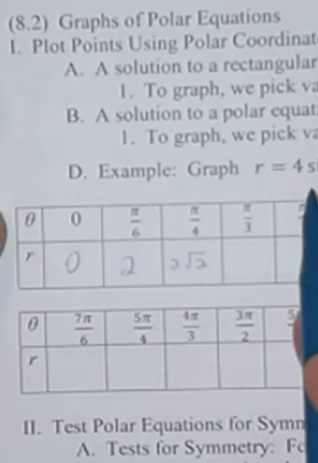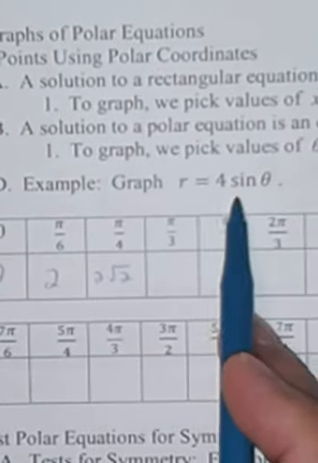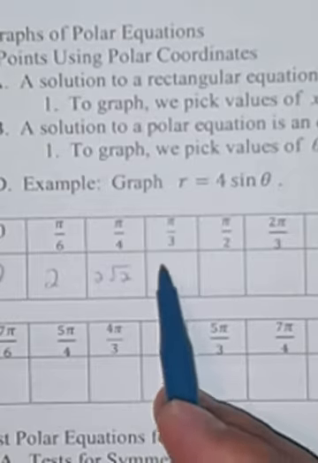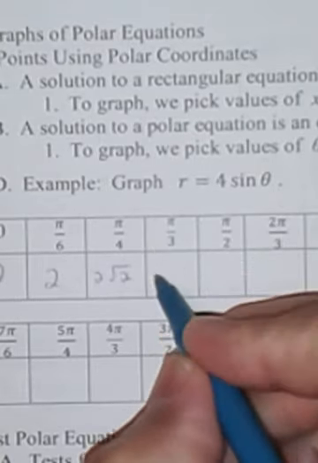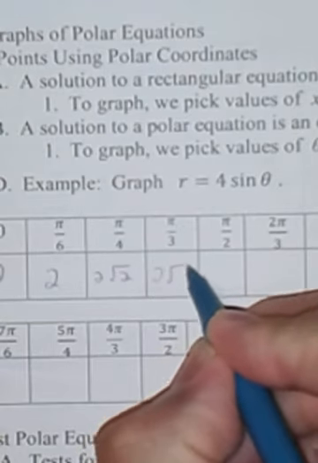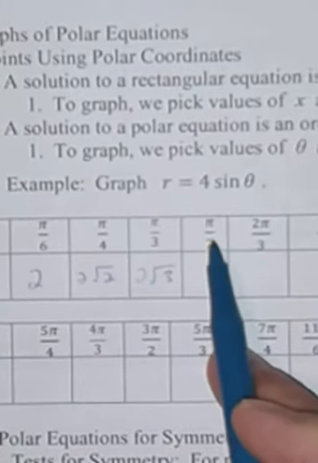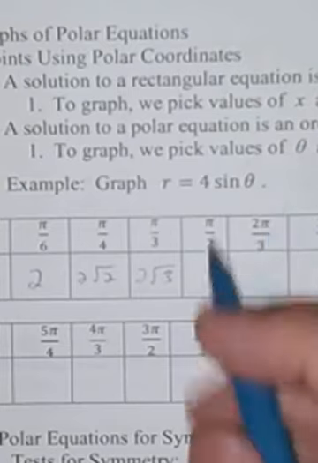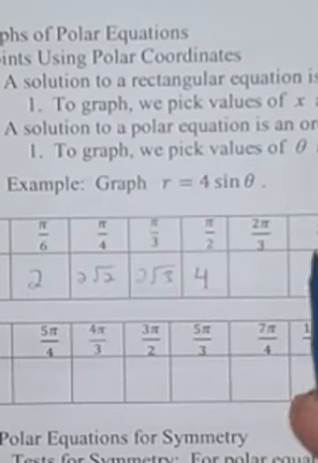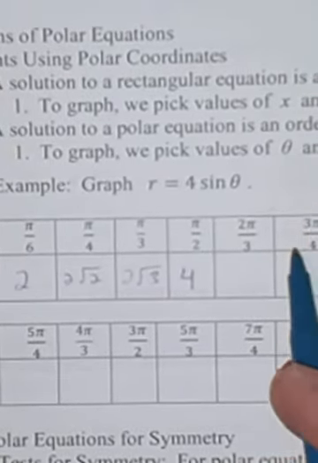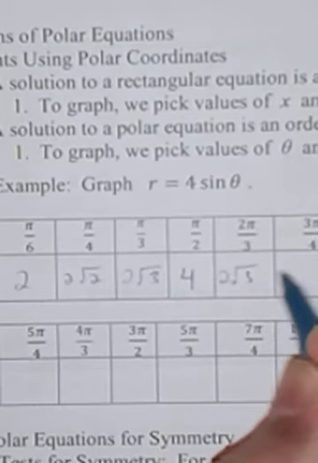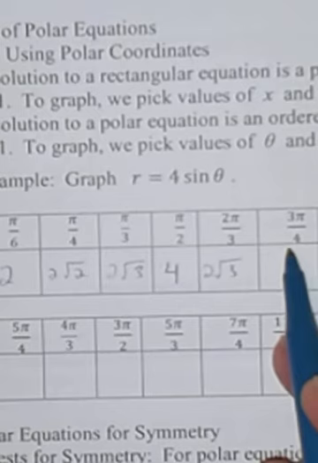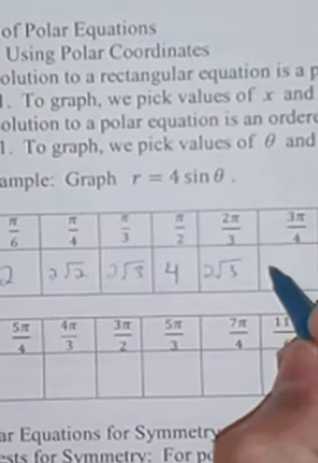For pi over 3, 4 times root 3 over 2 is 2 root 3. Sine of pi over 2 is 1, 4 times 1 is 4. Sine of 2 pi over 3 is again root 3 over 2, 4 times that is 2 root 3. Sine of 3 pi over 4 is root 2 over 2, and 4 times that is 2 root 2.